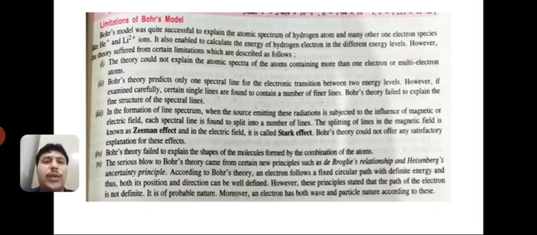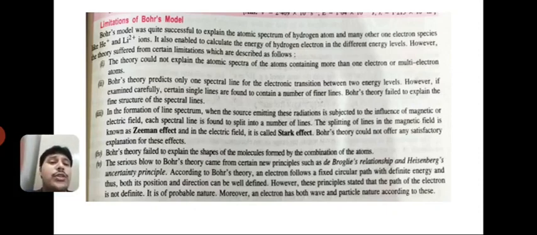Bohr's theory failed to explain the shape of molecules formed by the combination of atoms. So we cannot explain the shape of a molecule by using Bohr's model. And last, the serious blow to Bohr's theory came from certain new principles such as the de Broglie relationship and the Heisenberg uncertainty principle.